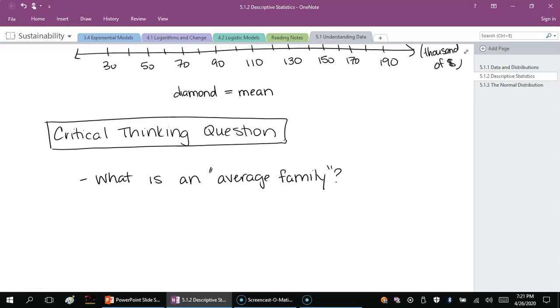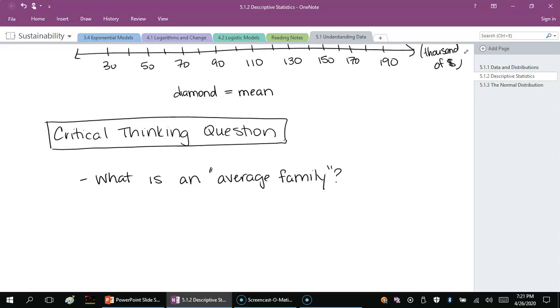And if we think about the way that they're using that term, the average family, what they really mean is a family that is average in all of the values that are being measured. So a family that's spending an average amount on health insurance and a family that's making the average amount of income. And obviously no family is really going to hit that.